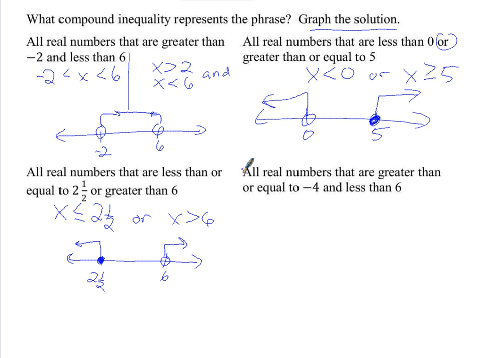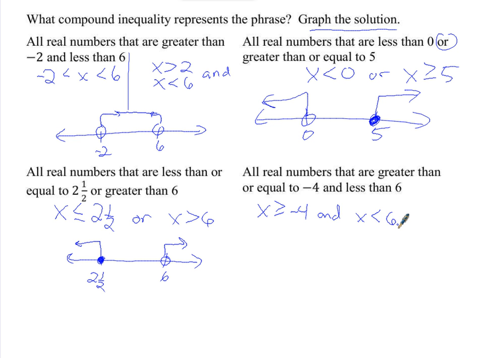All real numbers that are greater than or equal to -4 and less than 6. So how do I write the first part? There are 2 ways to do it. Let's write it as 2 separate inequalities first. Okay? And the word and x.